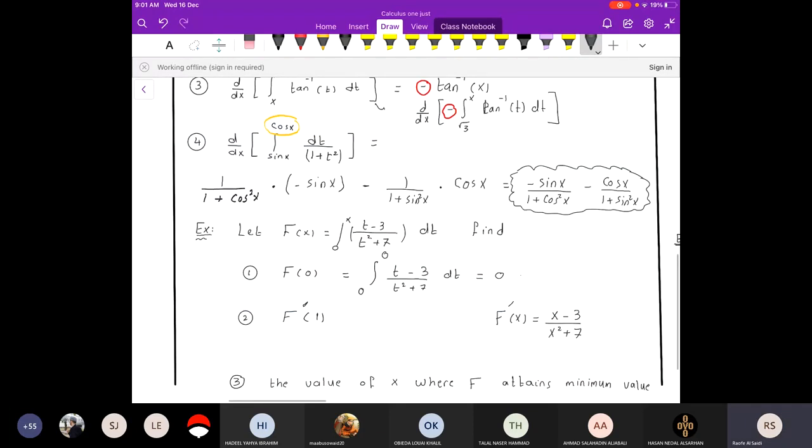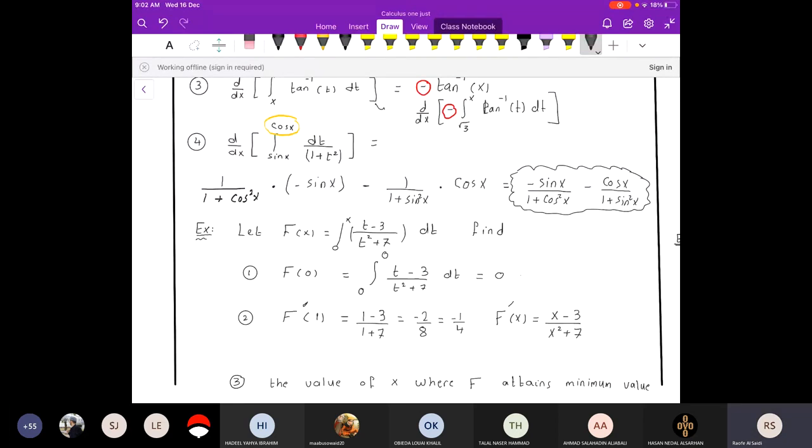Now this is f prime of x. What is the value of f prime of 1? Minus 1 over 4. Substitute: 1 minus 3 over 1 plus 7, which equals minus 2 over 8, so the answer is minus 1 over 4.